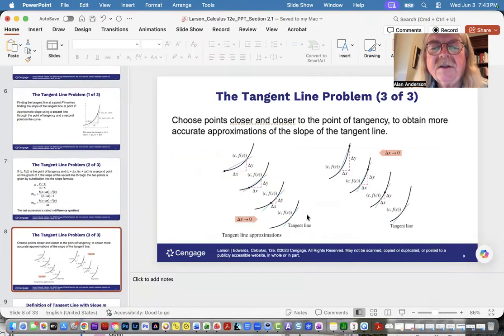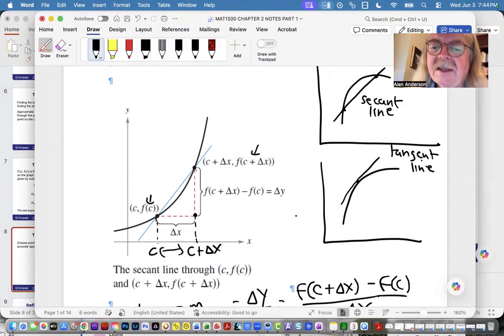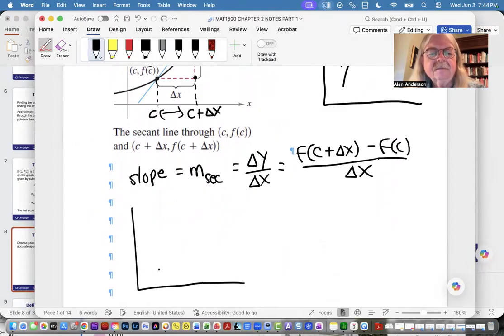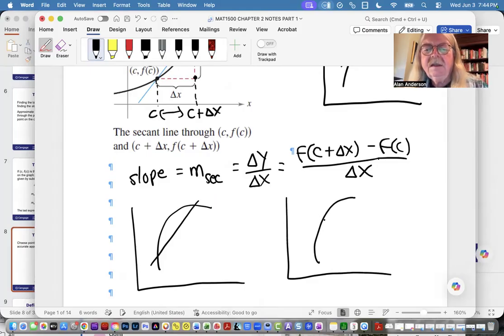Now, this graph is meant to indicate what we're trying to do here. Imagine again you've got a secant line, and let's say here's our tangent line to the same function. These graphs are not perfect, but you can see what I'm doing.